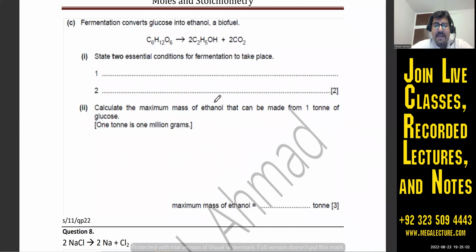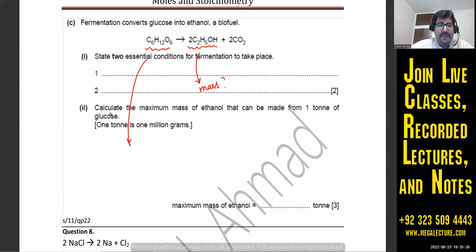Calculate the maximum mass of ethanol. Okay, ethanol is this thing. Again, I'm just telling you this is ethanol. Some of you might know it, but this is ethanol. So he's looking for the mass of this thing, that can be made from 1 ton of glucose. So glucose is this thing. Hopefully everyone knows this is glucose.